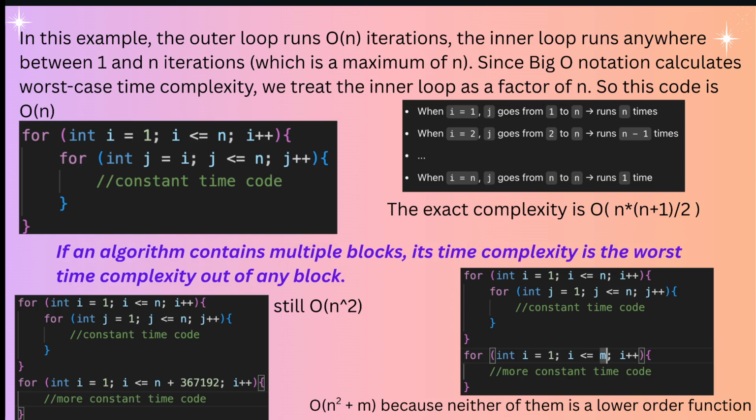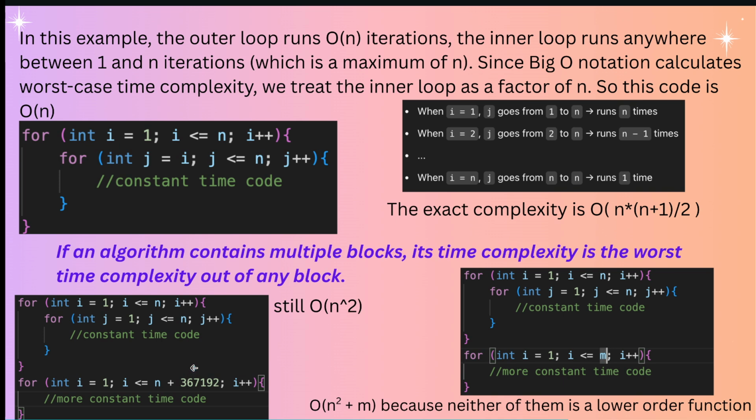If our algorithm contains multiple blocks, its time complexity is the worst time complexity out of any blocks. So here, the exact complexity is n squared plus n plus a constant.